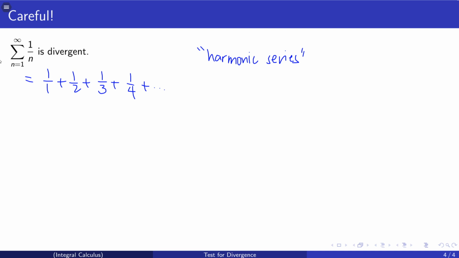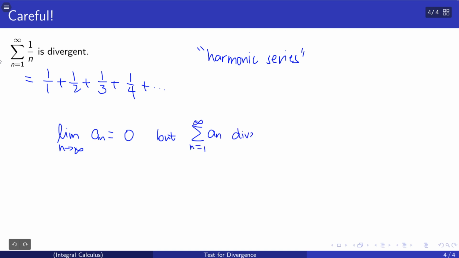Actually try to discover why it's called the harmonic series. But this is actually an example of a series where the terms do approach zero, but the series itself, when you add everything up, it still diverges.